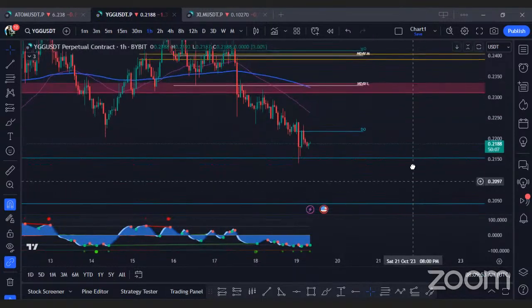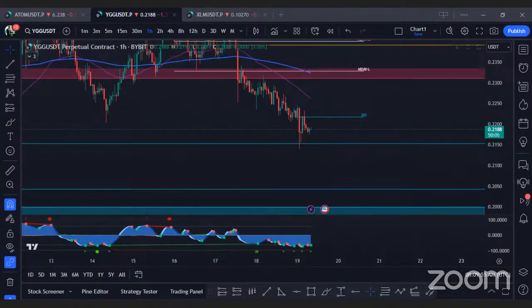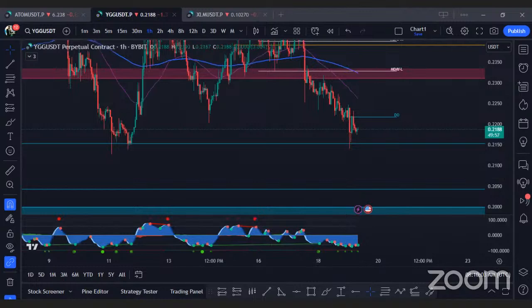So if you are going to trade YGG, that is basically what I personally will be looking at. Go ahead and look for your entries around those areas, guys.